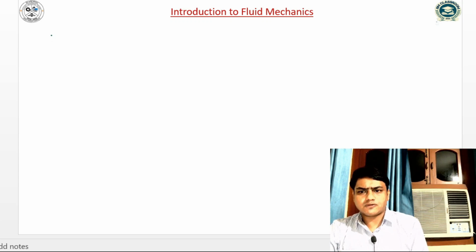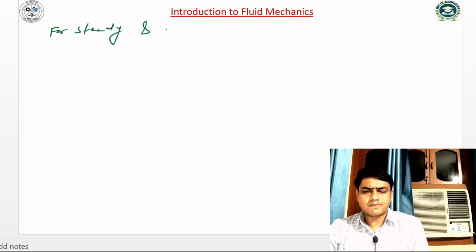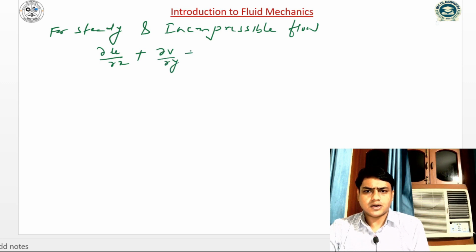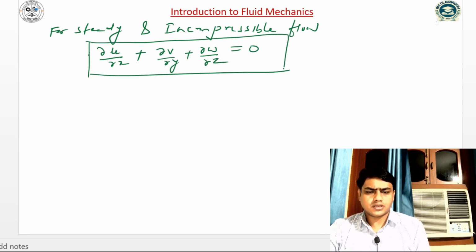For steady and incompressible flow, we have the continuity equation del u by del x plus del v by del y plus del w by del z is equal to 0. So this is the continuity equation for three-dimensional flow.